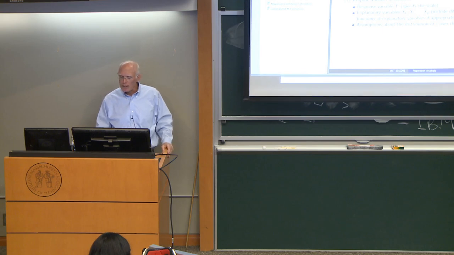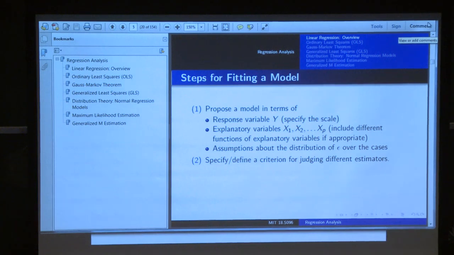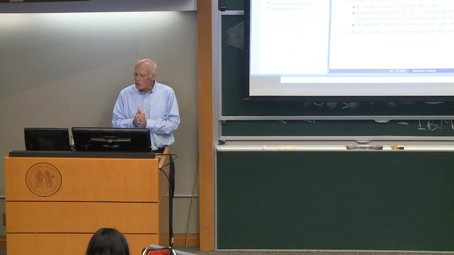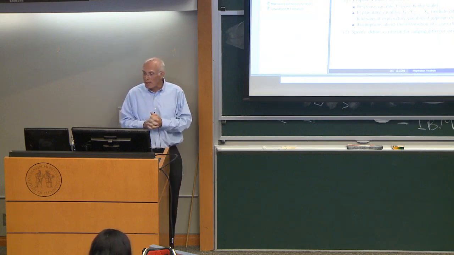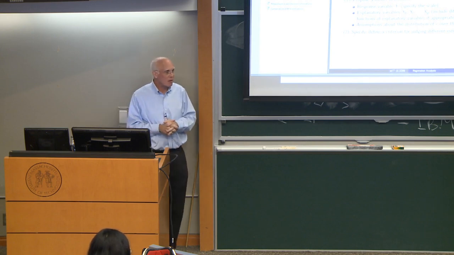So then third, we need to address the assumptions about the distribution of the residuals, epsilon, over the cases. So that has to be specified. Once we've set up the model in terms of identifying the response and explanatory variables and the assumptions underlying the distribution of the residuals, we need to specify a criterion for judging different estimators.